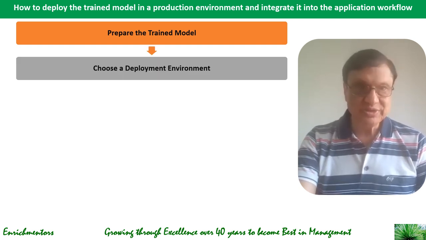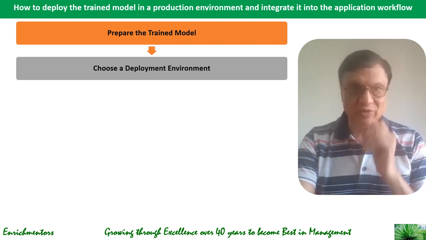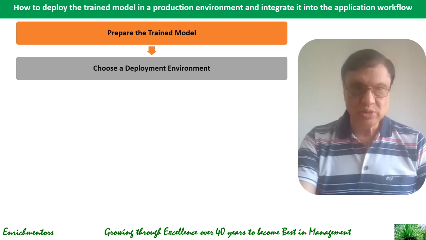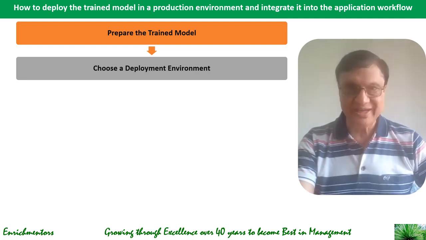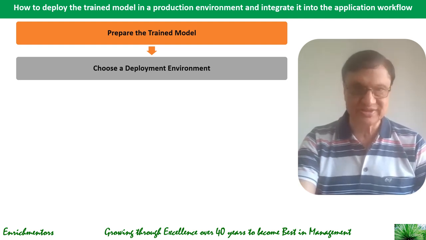Then you choose a deployment environment. You select a deployment environment suitable for your application's requirement, scalability, and infrastructure that you have. And here options include cloud platform, AWS, Google Cloud, Azure, on-premise servers, edge devices, or containerized environments like Docker and Kubernetes.